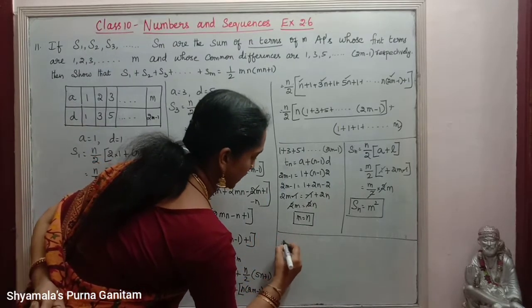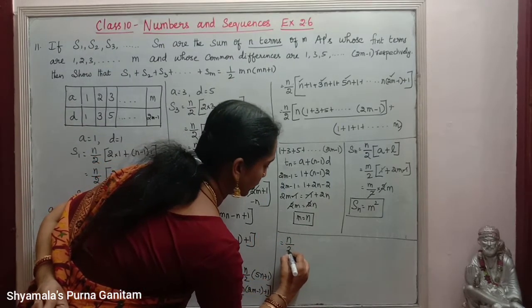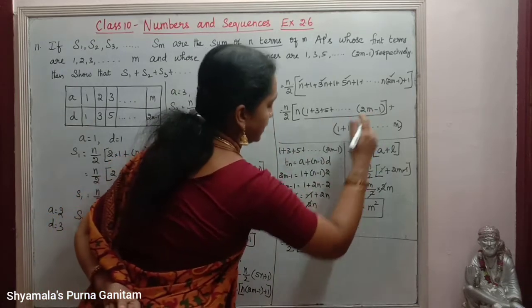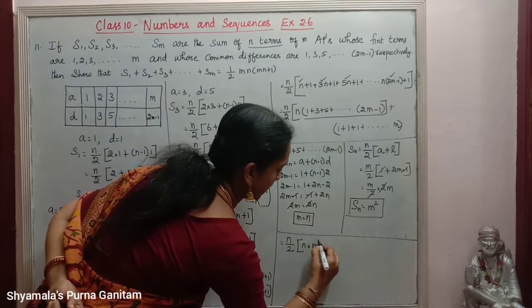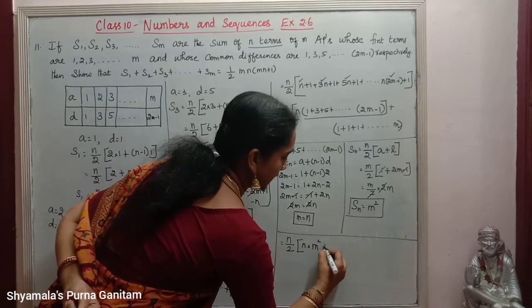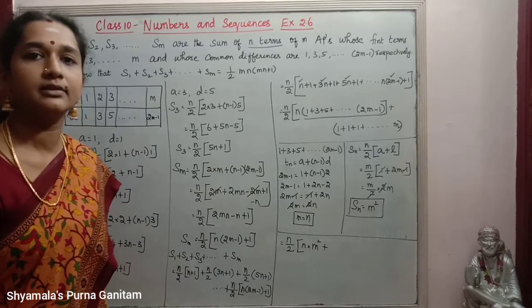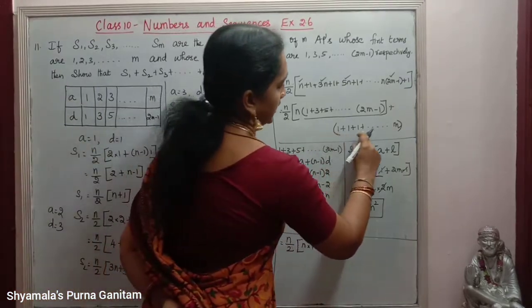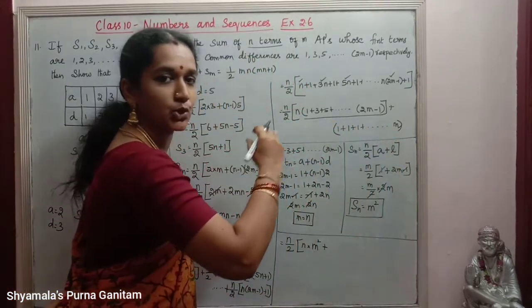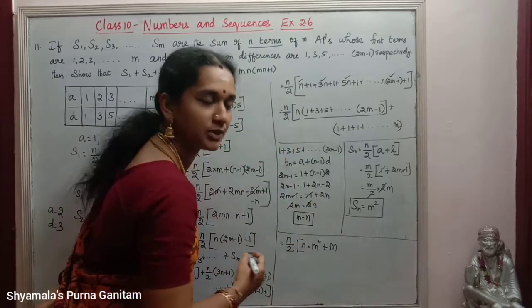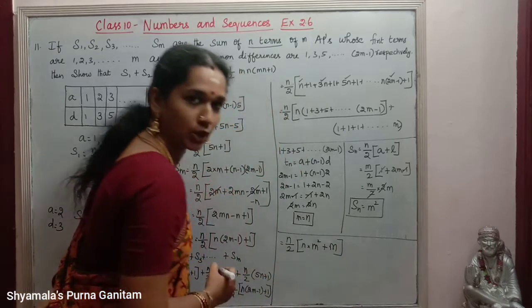So this is equal to n by 2 into, we got the value for this as m squared, plus for that we got m terms, so the sum will be m, the total number of terms.